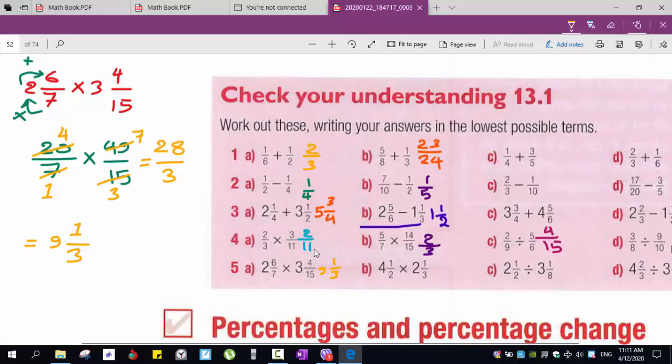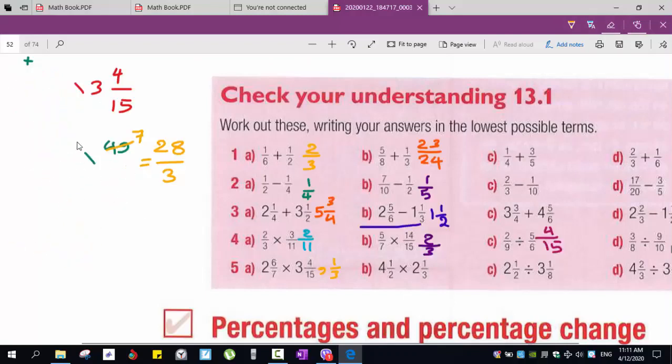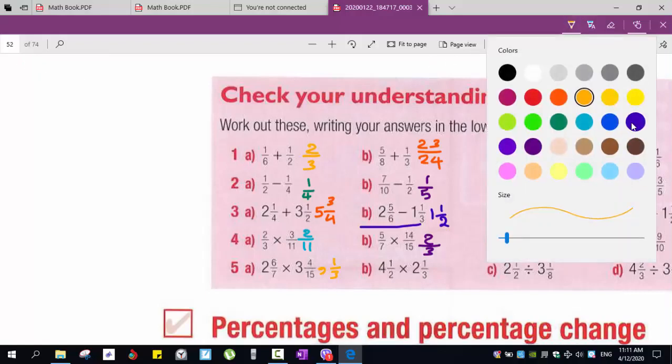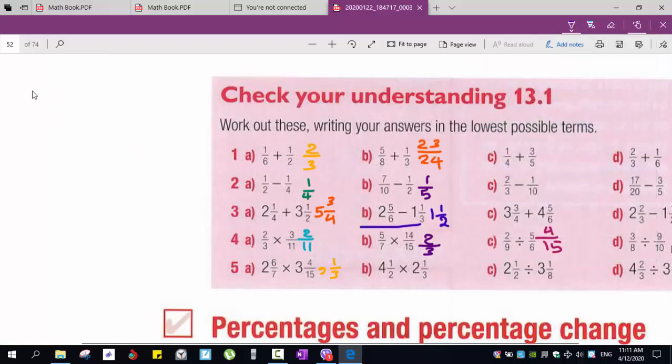Question 5b, it's again multiplication with mixed numbers. 4 1 over 2 times 2 1 over 3.